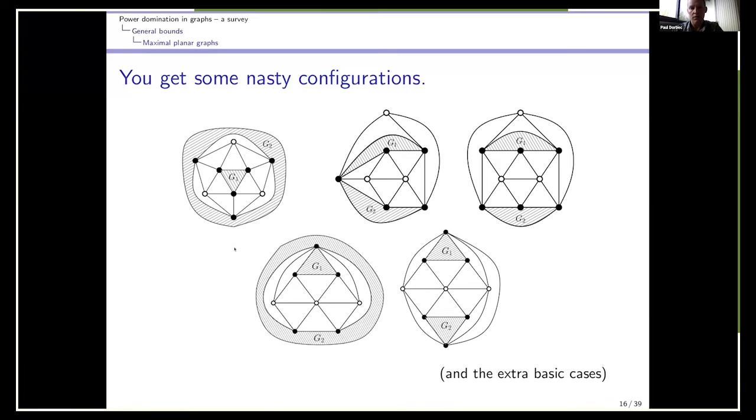And if I pick one extra vertex here, for example, this one, I do dominate these 3, but I do not dominate 4 new vertices. And we can prove that we have some basic case plus this set of cases where we are stuck with our construction.